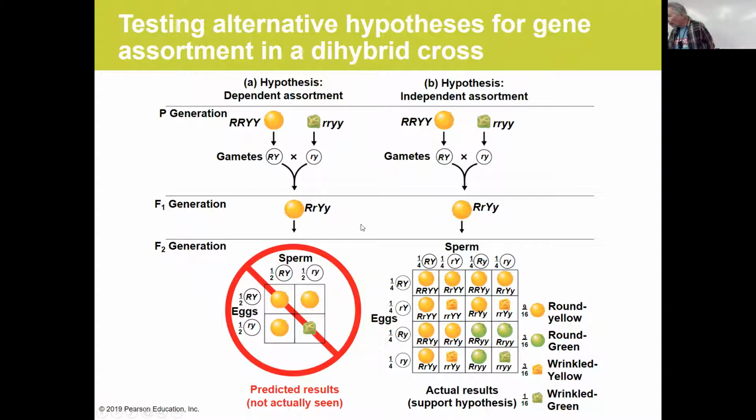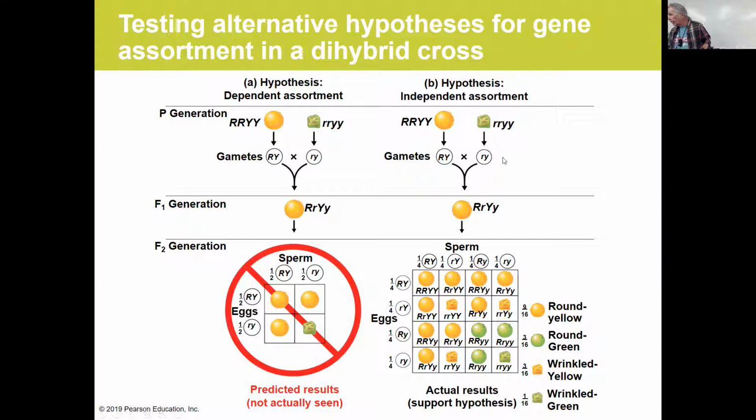And the F1 generation would be a double heterozygote: big R, small r, big Y, small y. And then you'd have this predicted result right here, 3-to-1 between the two phenotypes, yellow smooth and green wrinkled.